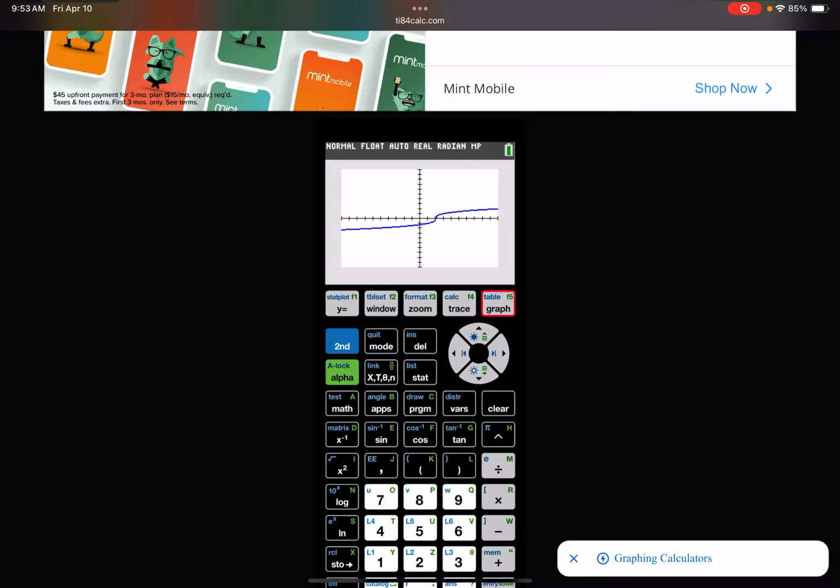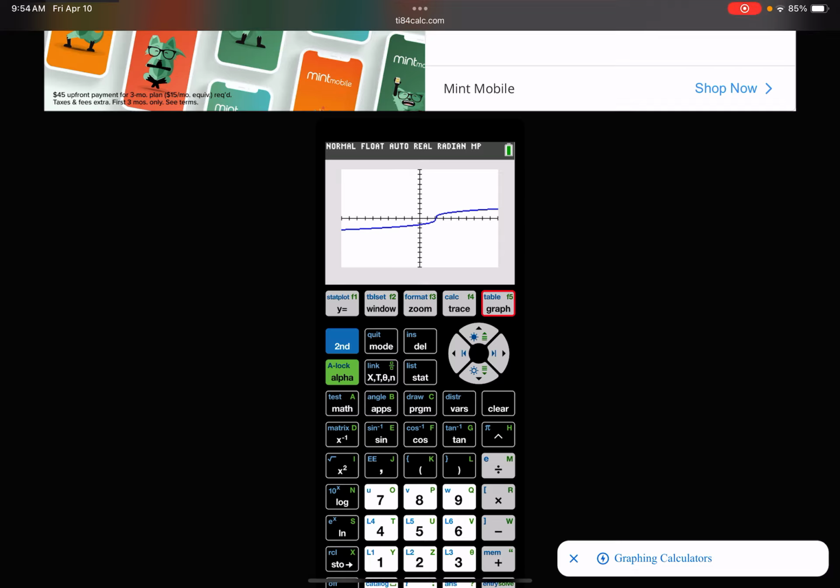So if you remember, one of our basic functions we learned in our library of functions was x cubed. And that kind of had this shape, except for it was more vertical. Well, the cube root kind of flips that on its side. So this is what it looks like. And if I were to draw a horizontal line through this graph, it'll only ever cross it once, right?